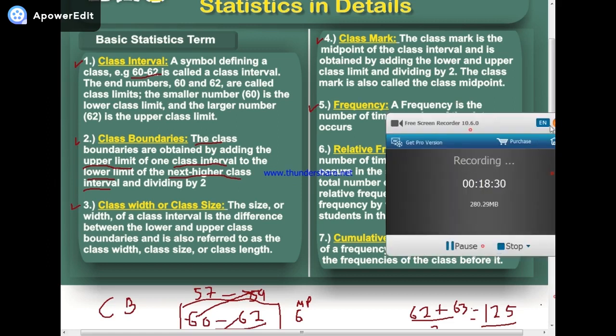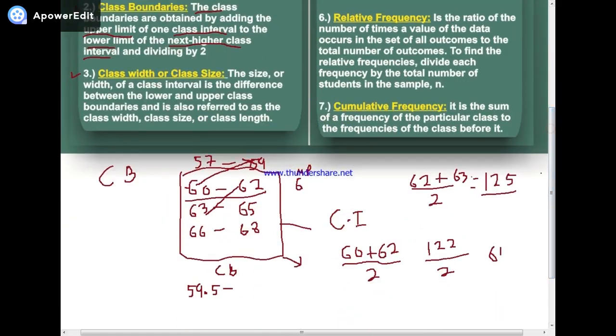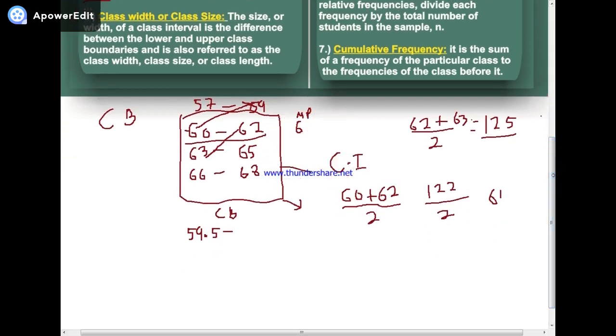So, to find our relative frequency, what are we going to do there? Based on the explanation, divide each frequency by the total number of students. Now, let's make use of the previous example that we have done, or let's work on another example.